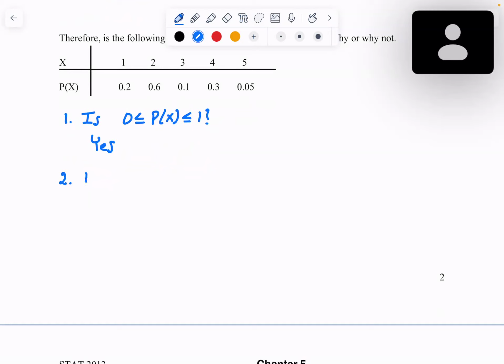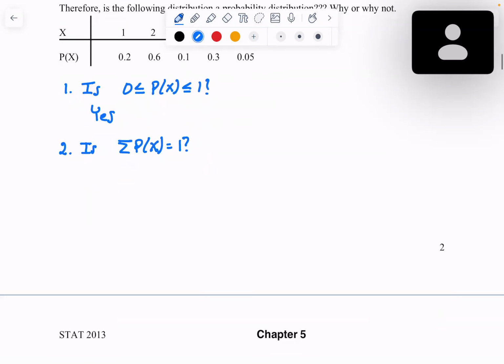So, is the sum of the probabilities equal to 1? All I do is sum all of them.